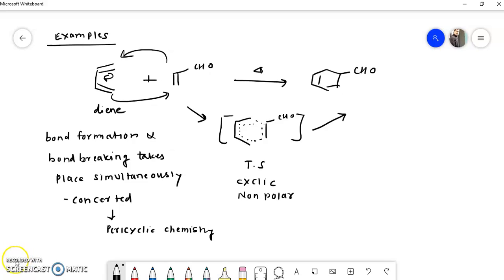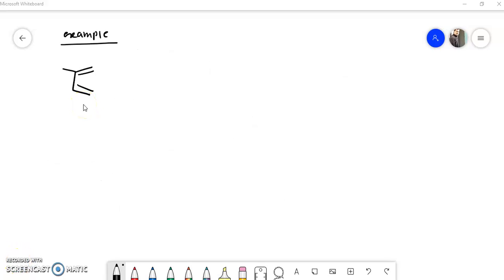We'll take another example. Let's consider once again 2-methyl butadiene as a diene, and now instead of a double bond we will use an alkyne as a dienophile. This is a thermal reaction, and it is a 4 pi plus 2 pi cycloaddition reaction.